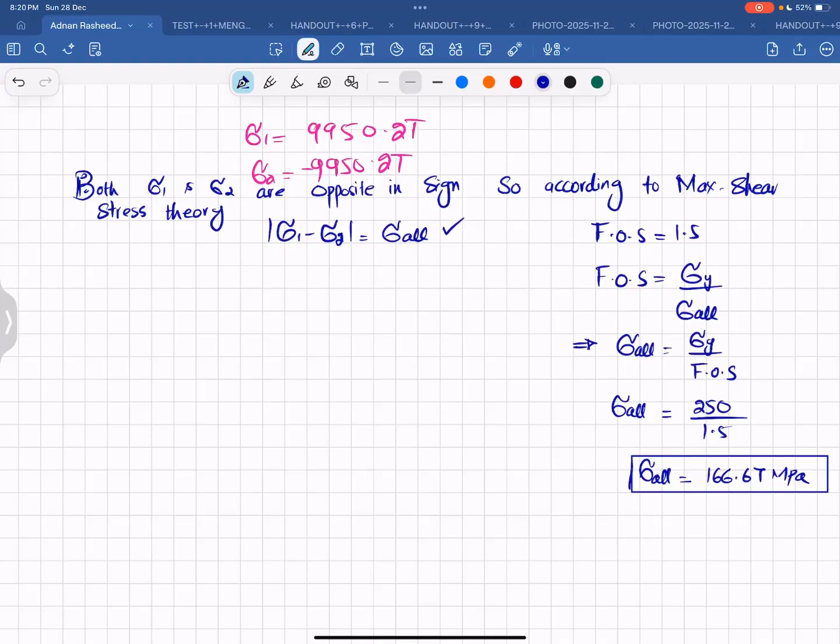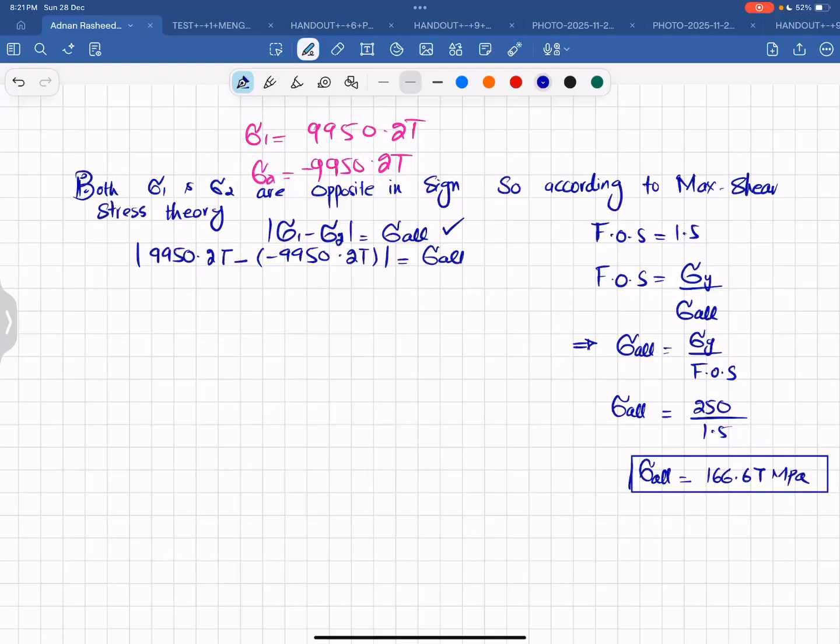You can see that sigma 1 is 9950.2 t minus sigma 2, which is minus 9950.2 t. Clear? That should be equal to the allowable shear stress.